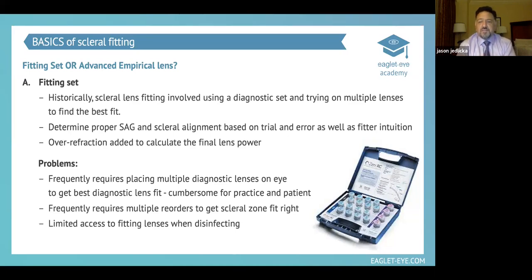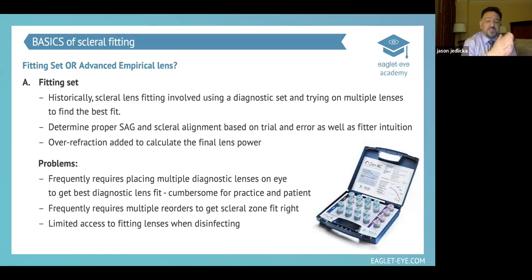However, the process can be cumbersome. You often have to put on 2, 3, or even 4 lenses in office to find something that approximates a good fit, and then you still need to refine your fit from that point and hope that your first ordered lens is dispensable. So again, that process can be cumbersome both to your office in terms of chair time, as well as to our patients who have to have multiple lenses put on their eye to get to that point.